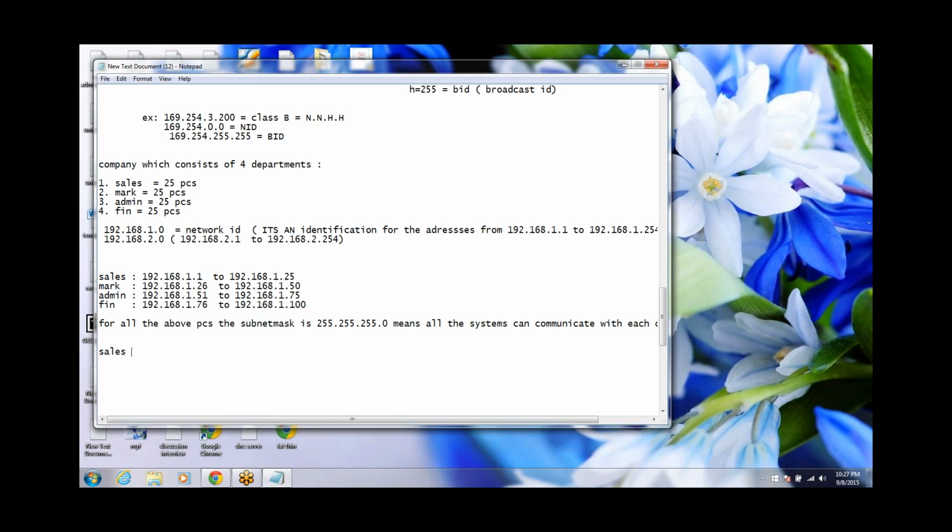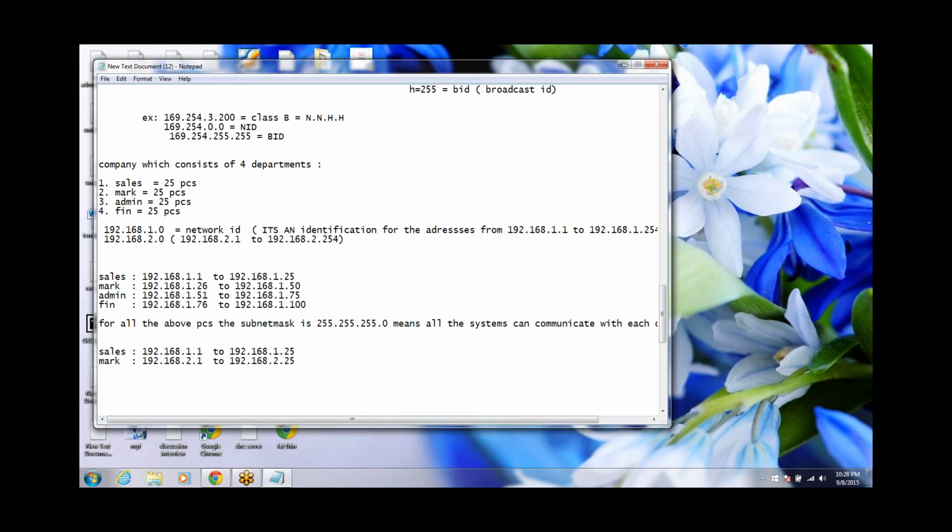For sales, I give 192.168.1.1 to 192.168.1.25. Next for marketing, I give 192.168.2.1 to 192.168.2.25. Now tell me, can sales communicate with marketing? No. Why? The sales network is different and the marketing network is different. They belong to two different networks. They cannot communicate with each other.